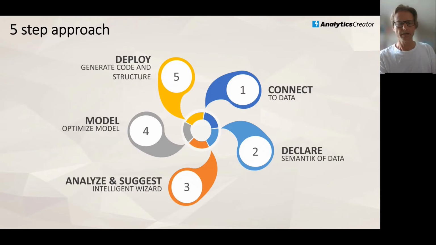So in the next slide, you see the 5-step approach of AnalyticsCreator. Most things are already explained in the slide before, so I'll go through it fast. First you connect to your database, and in the second step, AnalyticsCreator automatically pulls out the data, not only the data but the metadata, the description of the data, and this will be used to create the AnalyticsCreator metadata layer.